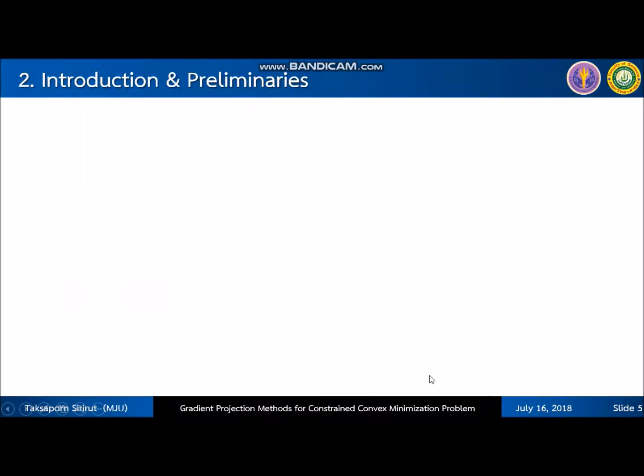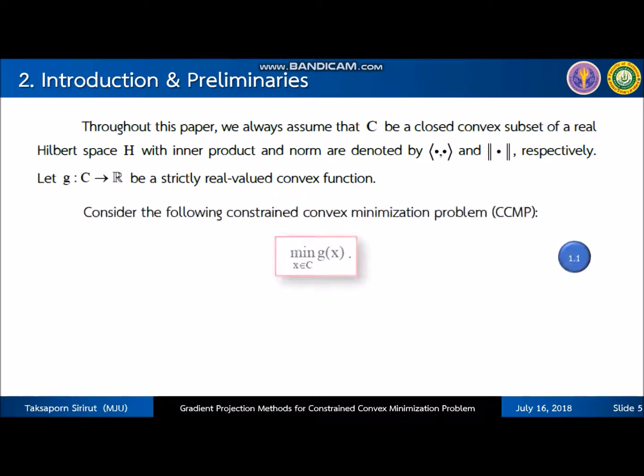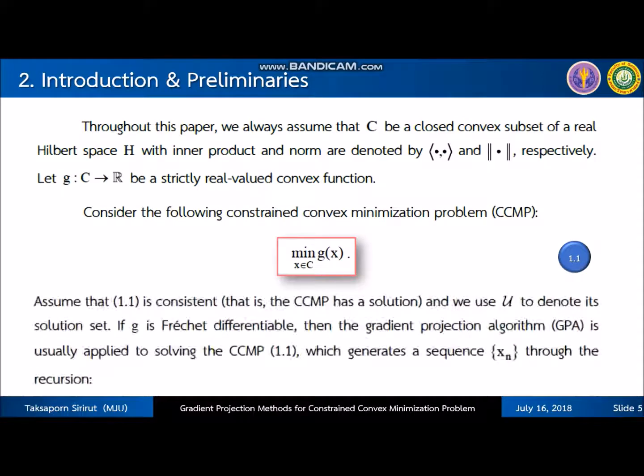Next, I will present the introduction and preliminaries. In this paper, we always assume that C is a closed convex subset of a real Hilbert space H, and let g be a strictly real-valued convex function. Now, we consider the following constraint convex minimization problem, that is, minimize g(x) for x in C, and assume that this problem has a solution.